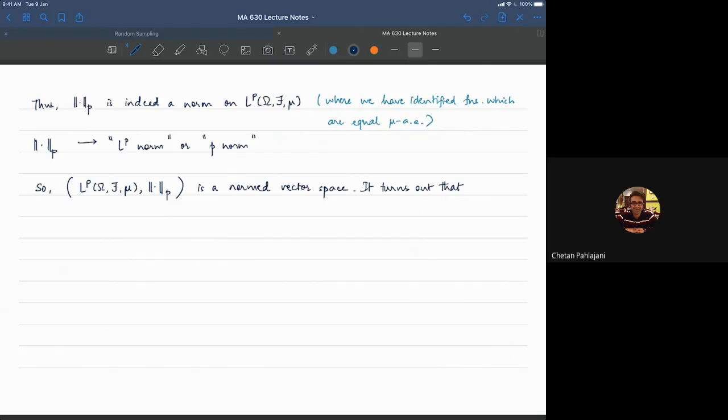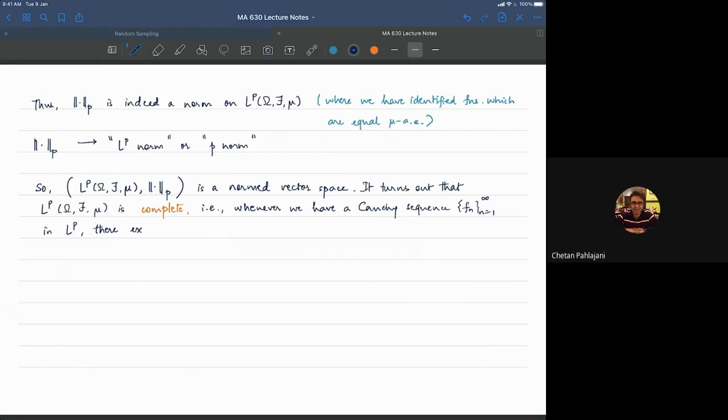So it turns out that L^p of (omega, F, mu) is complete. I.e., whenever we have a Cauchy sequence f_n, n going from 1 to infinity in L^p, this sequence must converge.